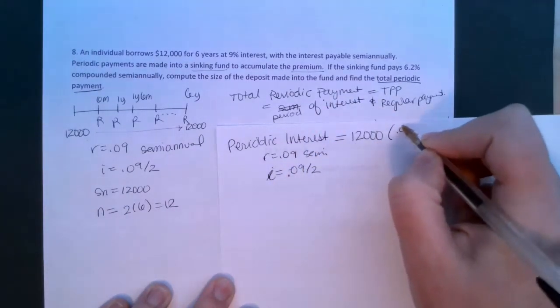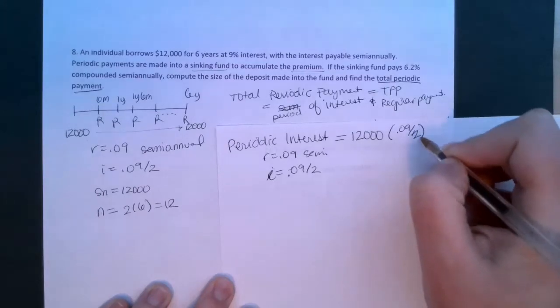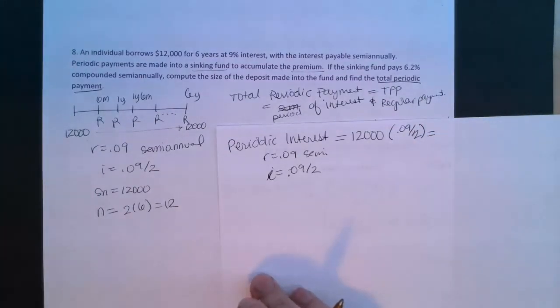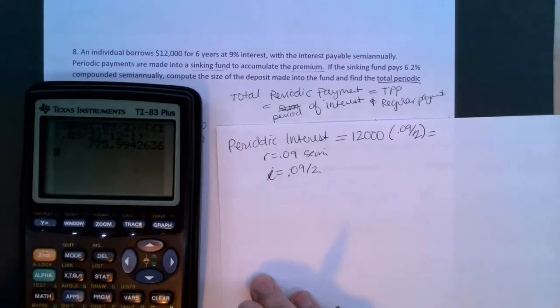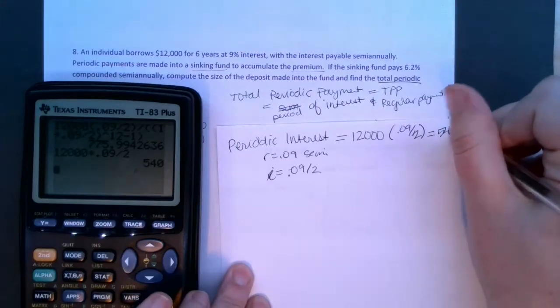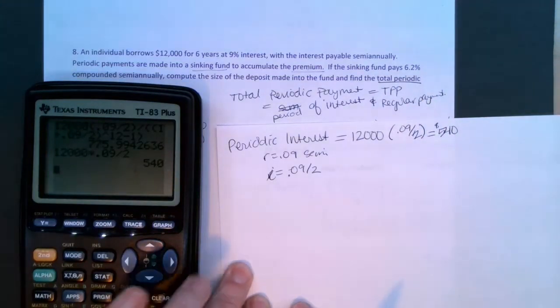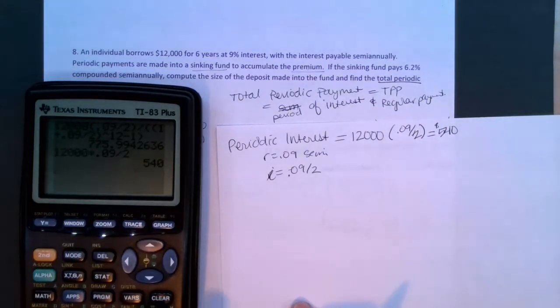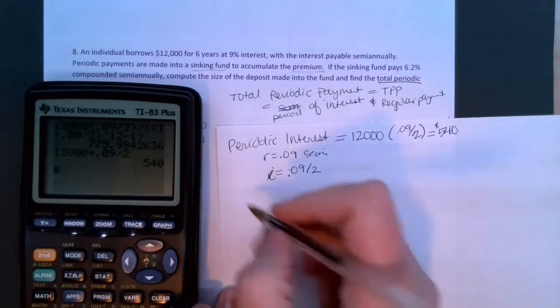So that's what we're plugging here, 0.09 over 2. So then the periodic interest that we would pay would be $540. Okay, and we're not just paying that once, we're going to pay that every single time we make a payment. So now we have to figure out our regular payment.